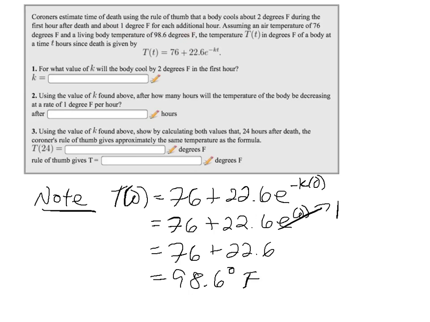So that is the temperature at our initial time. Now that we validated the model, and that makes sense, let's solve the problem.